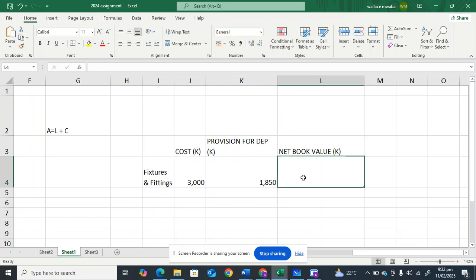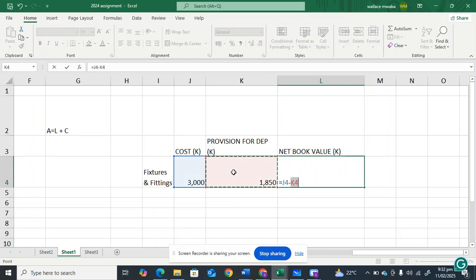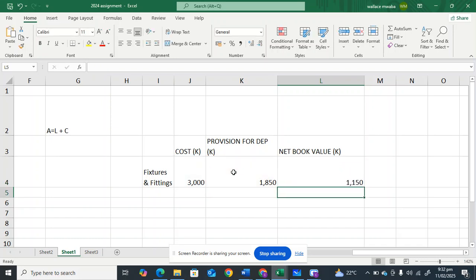So we get our net book value. As I said, the provision for depreciation increases as the years go by, and as it increases, the value of the asset goes down. So the value of our fixtures and fittings is 1,150. Any questions?